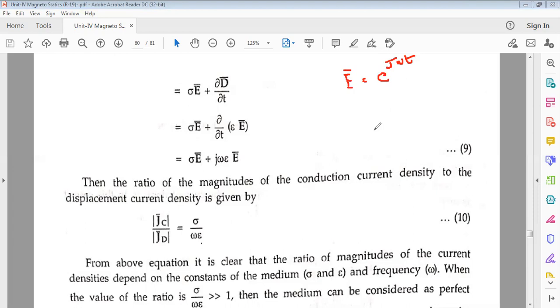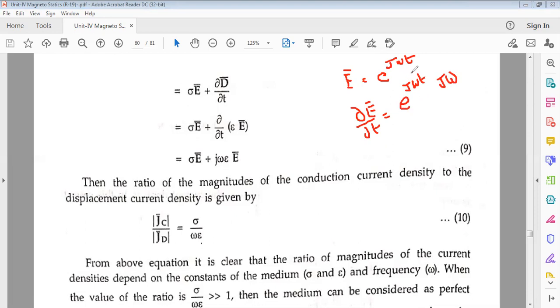Got it, my students? Now ∂Ē/∂t is equal to, applying the derivative, e^(jωt) into, with respect to t, the coefficient of t, which is jω. Got it, my students? jω.